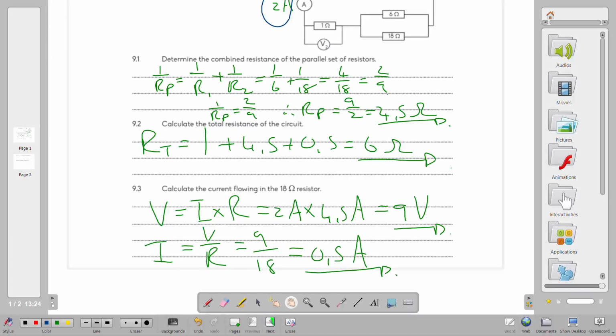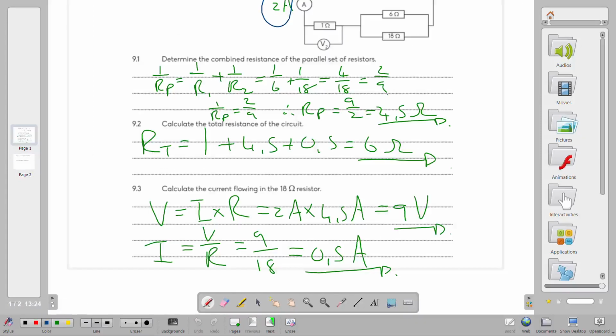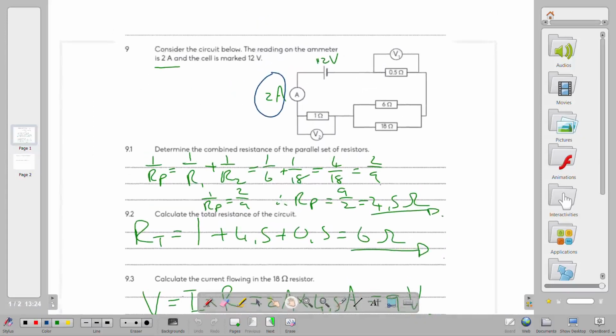Okay, I think there's a next section, 9.4. If the reading on V1 is 1 volt, what would you expect the reading on V2 to be? So let's just jump back. Tell me, what would I expect if this reading all the way up here is 1 volt? What would this one be? Well, here is 0.5 ohms and here's 1 ohm.